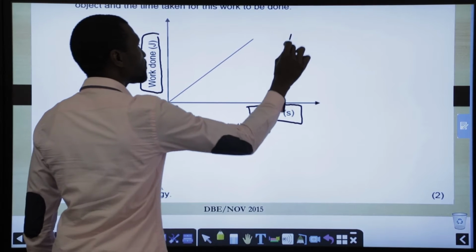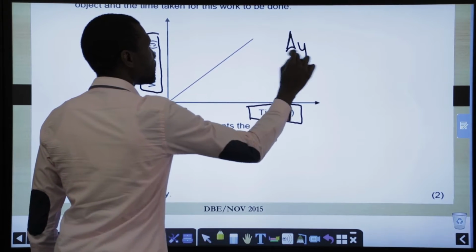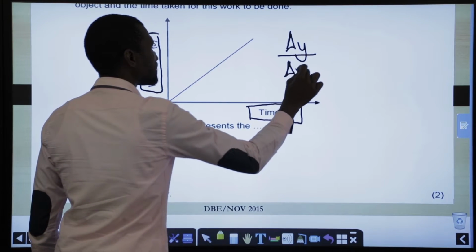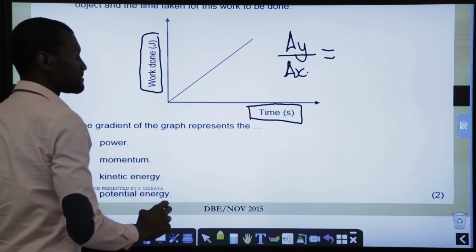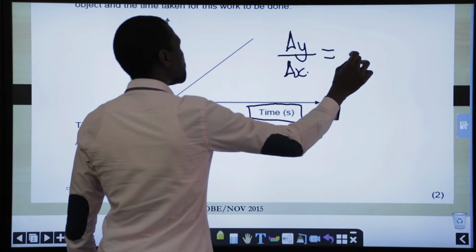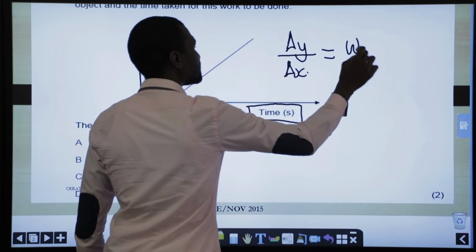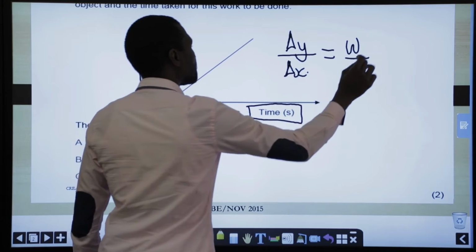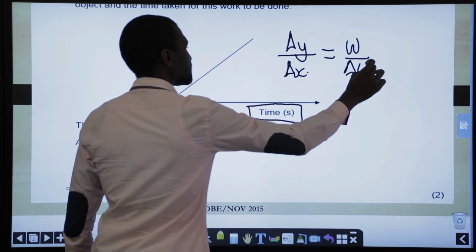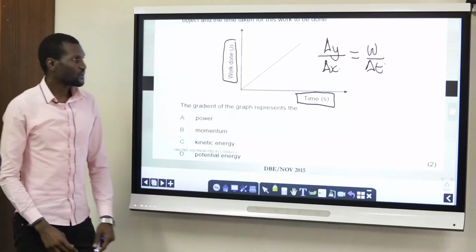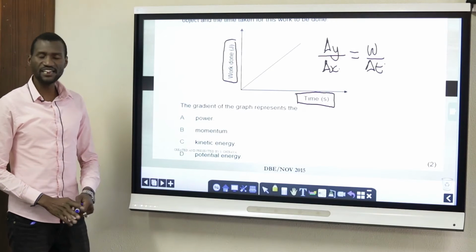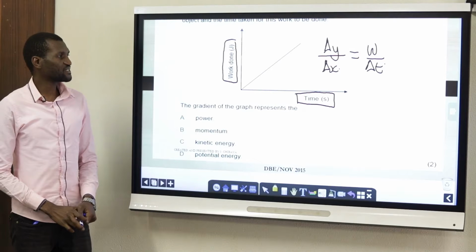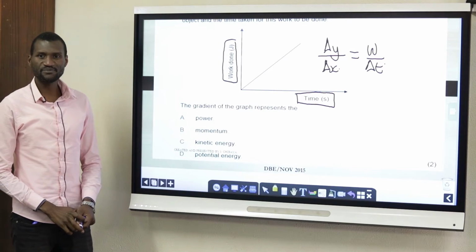The gradient shows the change in y over change in x. In other words, it is showing the work done over change in time. What have we done that gives us such a value of work done over change in time?